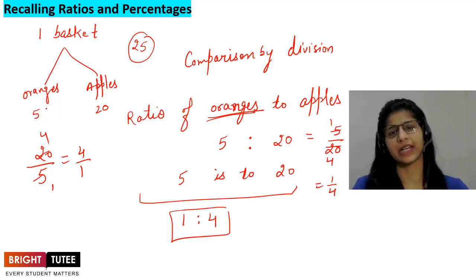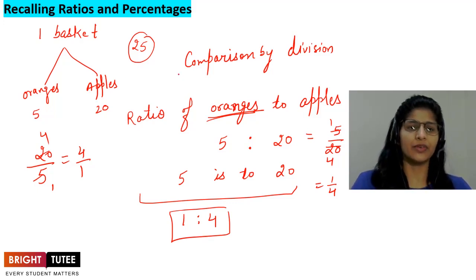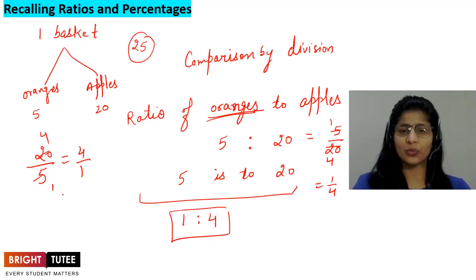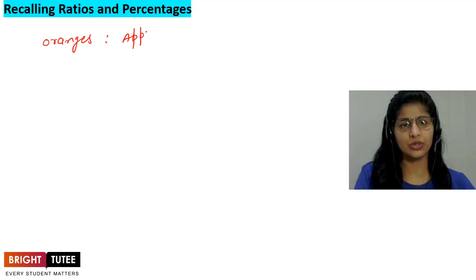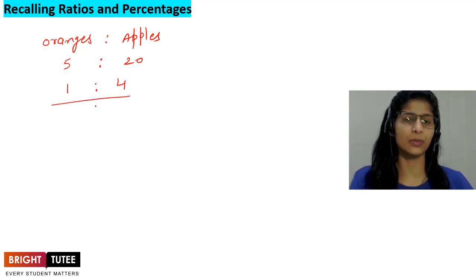Let's go to percentage now. Just to see, we have 4 upon 1 and 1 upon 4 as the fractions that the ratio has been converted into. Now we will learn how to convert that into percentage. We got oranges to apples ratio as 5 is to 20, that is 1 is to 4, in the simplest form.